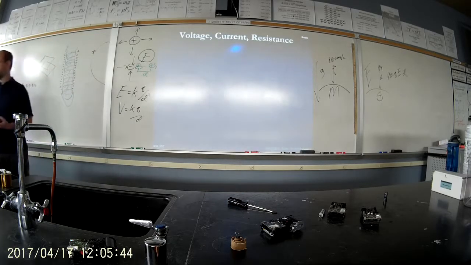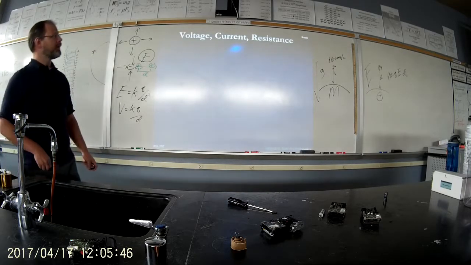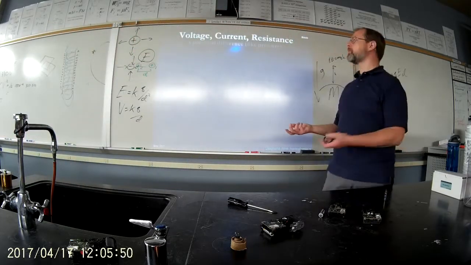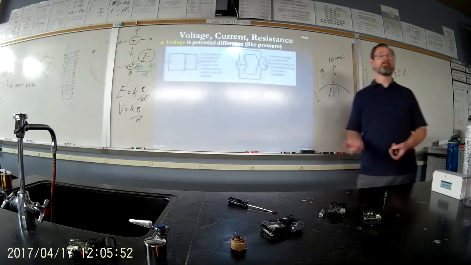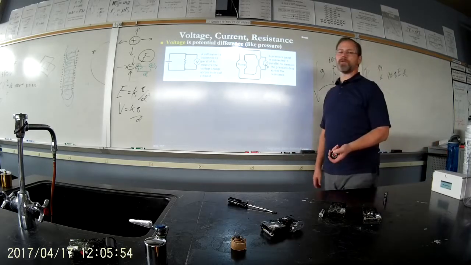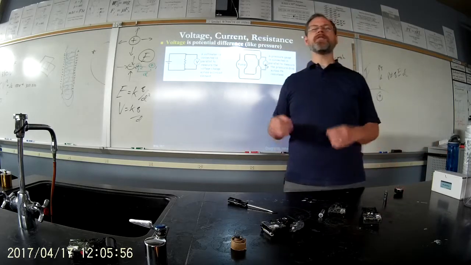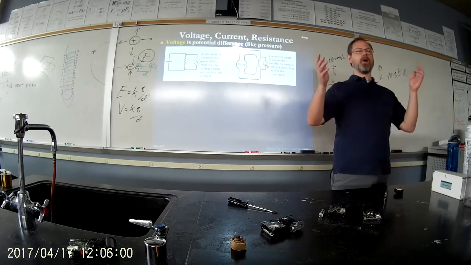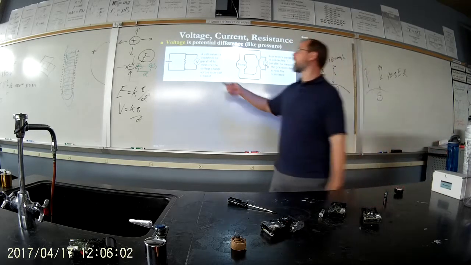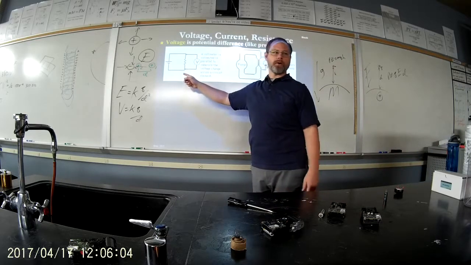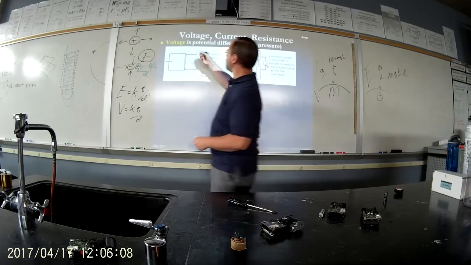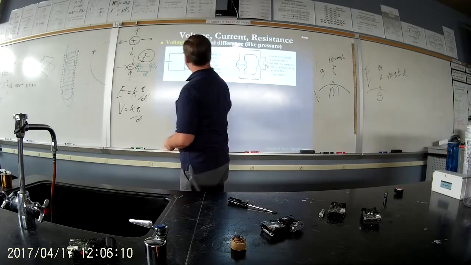Okay, more concepts. Voltage, current, and resistance. Voltage is a quick term for potential difference. Now, if you wanted to know the difference in height of a waterfall, you look at the top of the waterfall and the bottom of the waterfall. You say, well, the top of the waterfall is at 10 meters, and the bottom of the waterfall is at 0 meters.